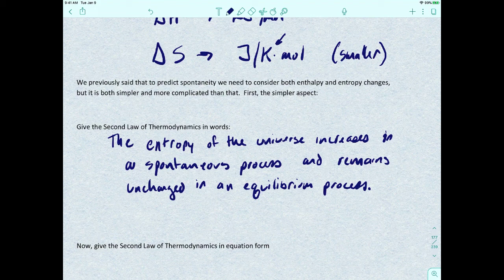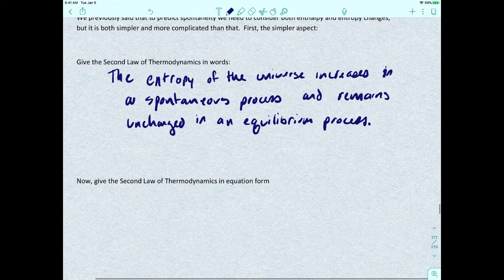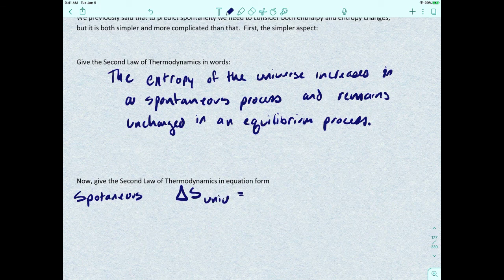We can also write the second law of thermodynamics in an equation. Let's talk about the spontaneous first. If we've got a spontaneous process, the change in entropy for the universe is going to be equal to the change in entropy for the system plus the change in entropy for the surroundings.